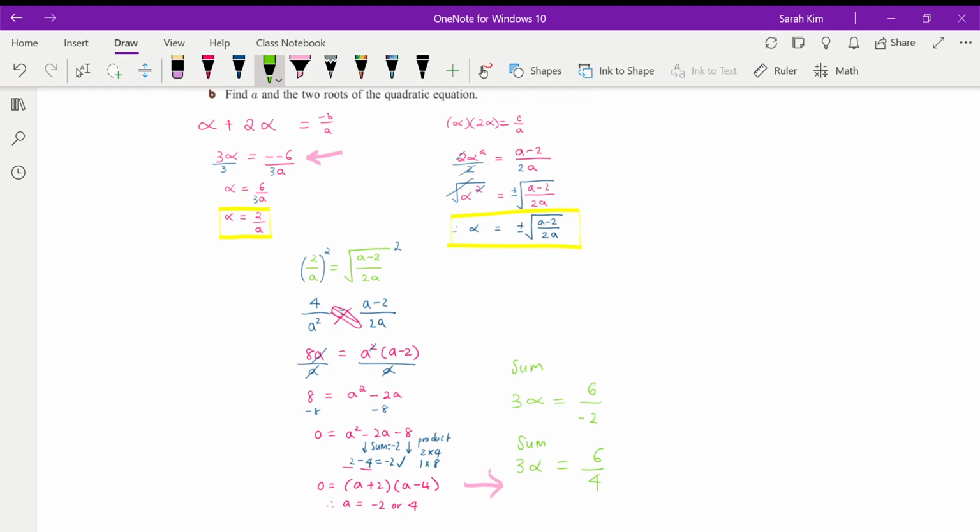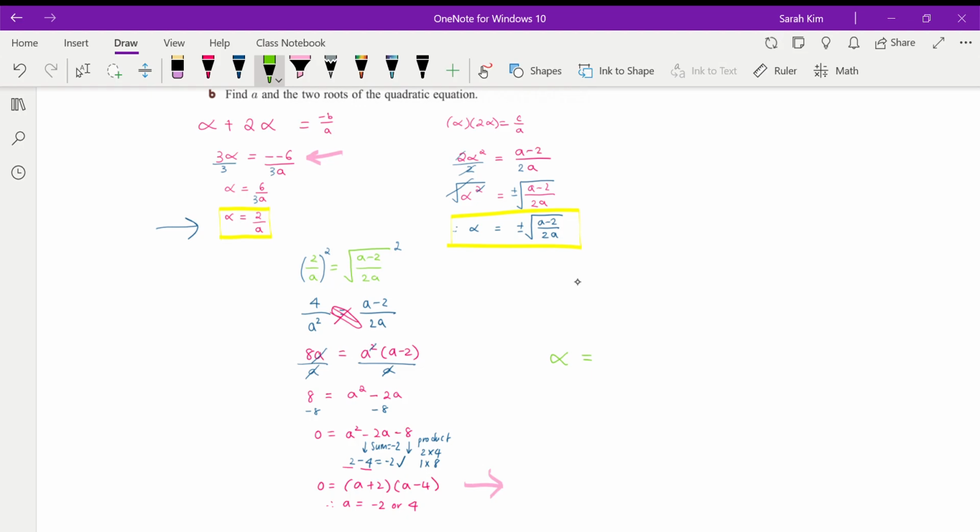Okay, so actually, I don't need to use any of this. Let me just go back. I've got this, so I can just sub that in there. All I need to do is find alpha and then just double it for the second root.